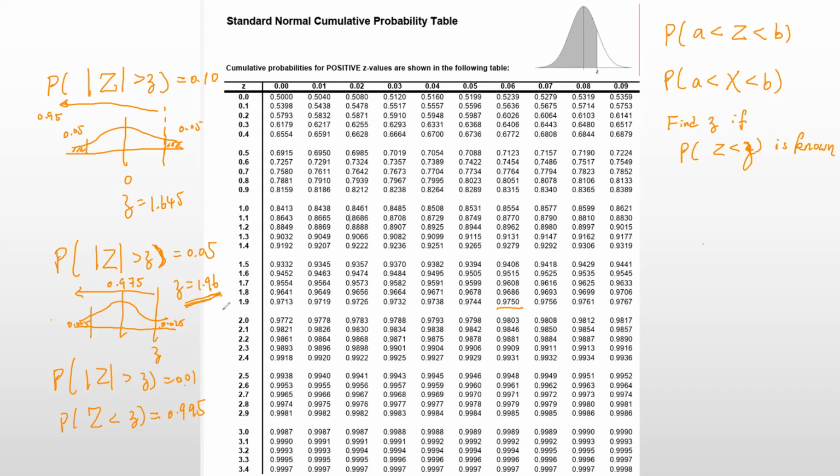The idea is very similar to these two graphs, so please check. What do I have for little z? Let's look at 0.995. Something like this, 2.58. Normally people use 2.58. So Z equals 2.58.